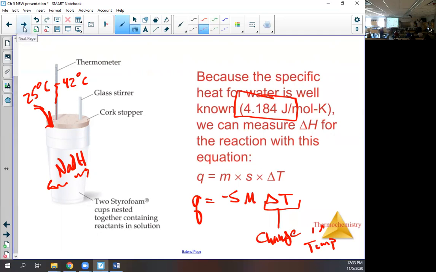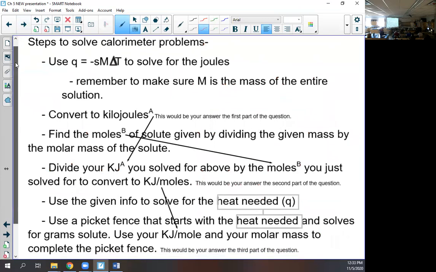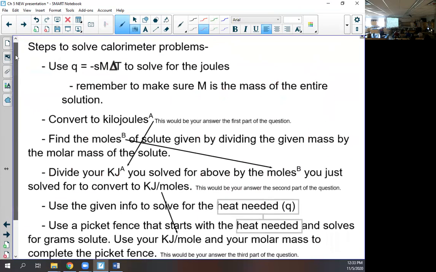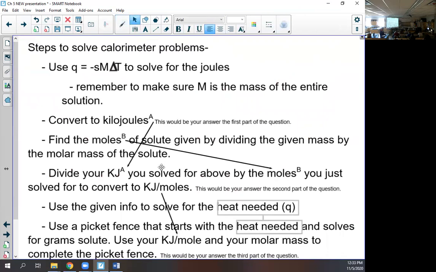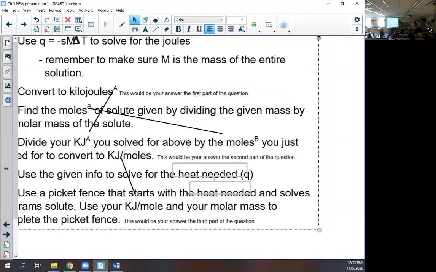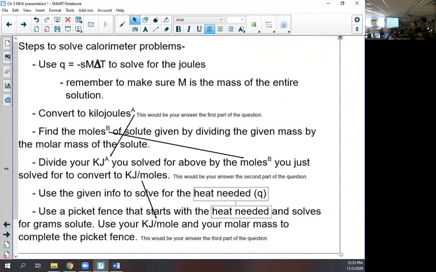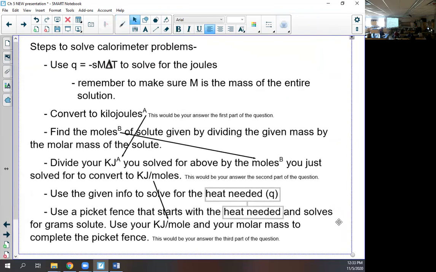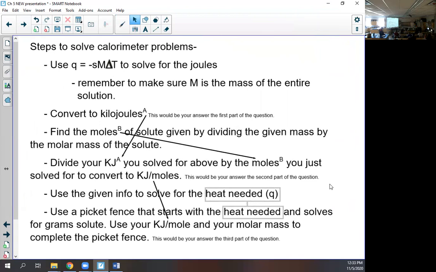Okay, so you will get some problems that are somewhat complicated. So I have these steps. You can either take a picture of them or write super fast. These are useful. The arrows help you follow along.